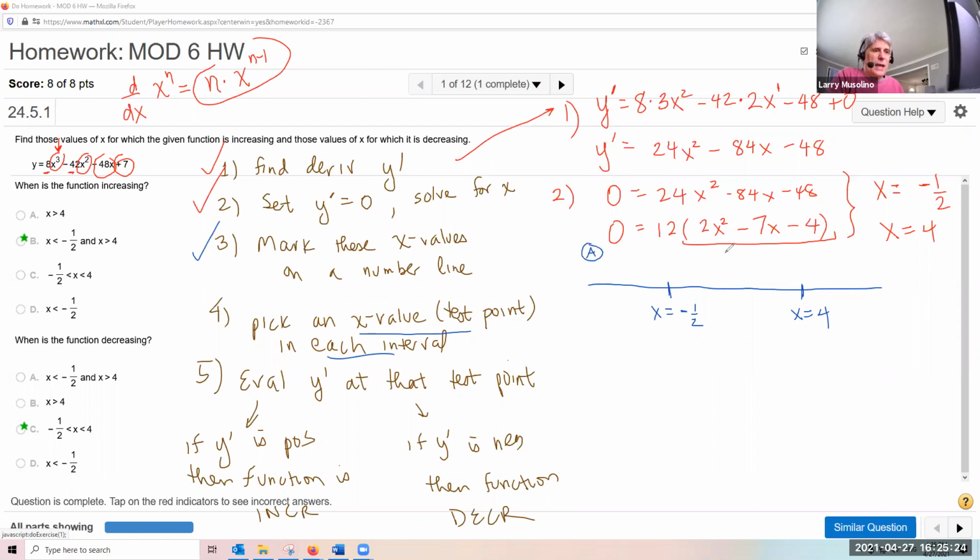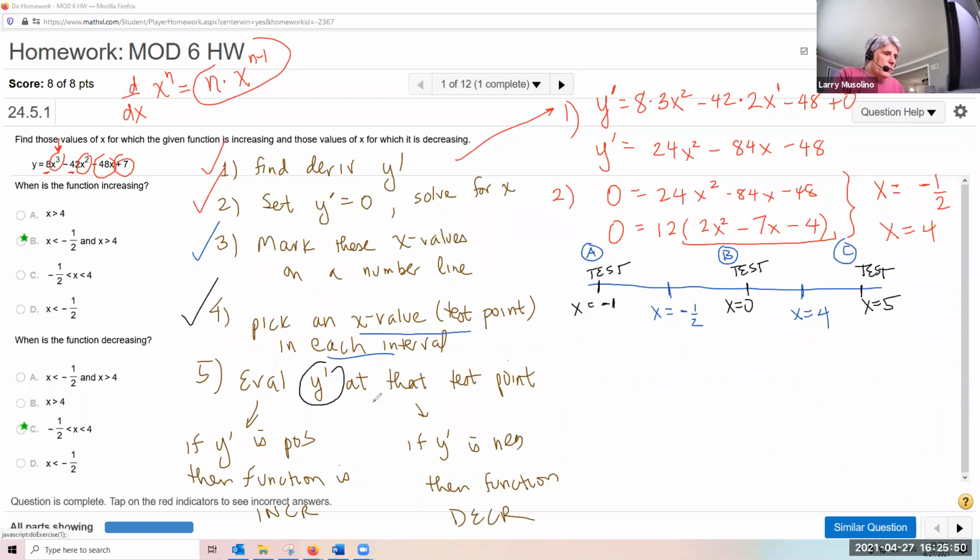I'll call this interval A, in the middle interval B, and interval C. Maybe here I'll pick the test point x equals negative 1. In the middle, I'll pick the test point x equals 0. And over here, let's say x equals 5. We just did step 4.